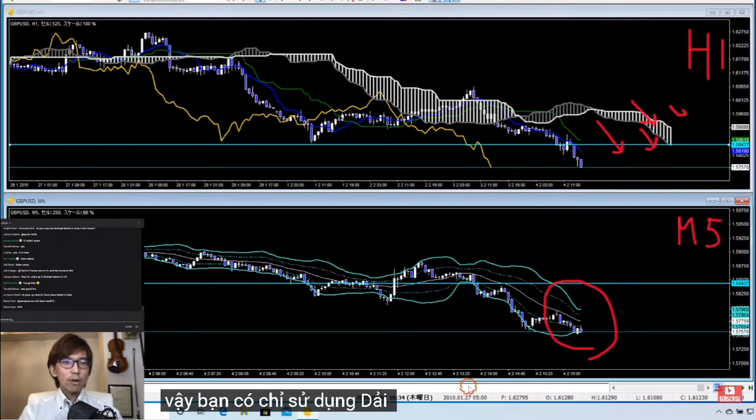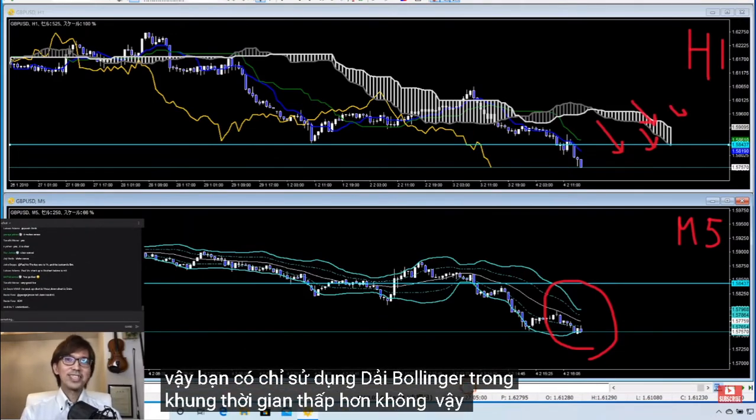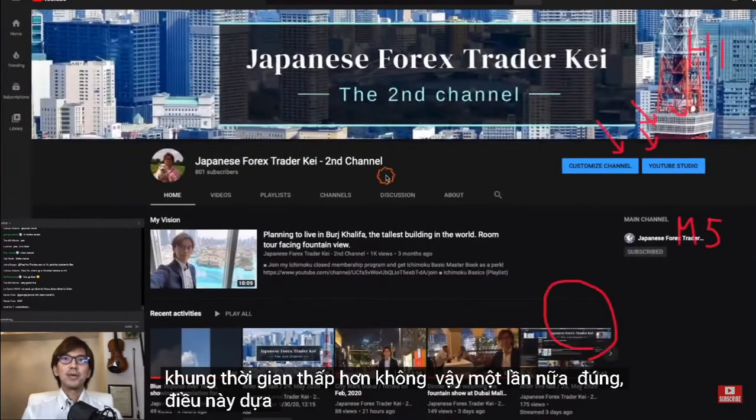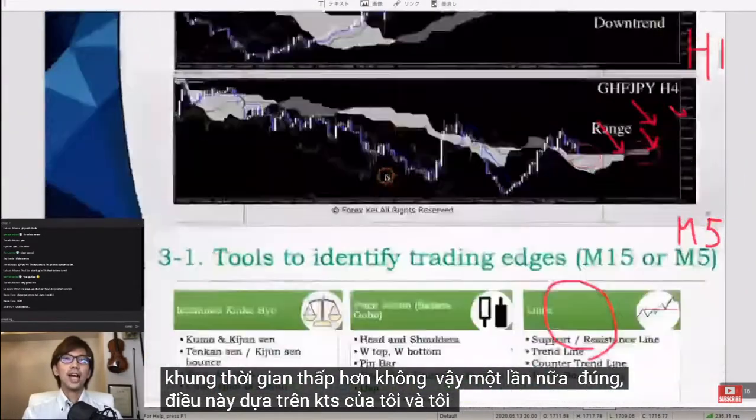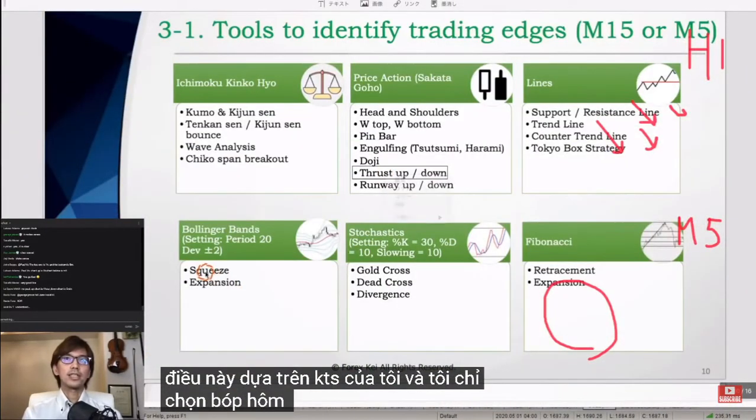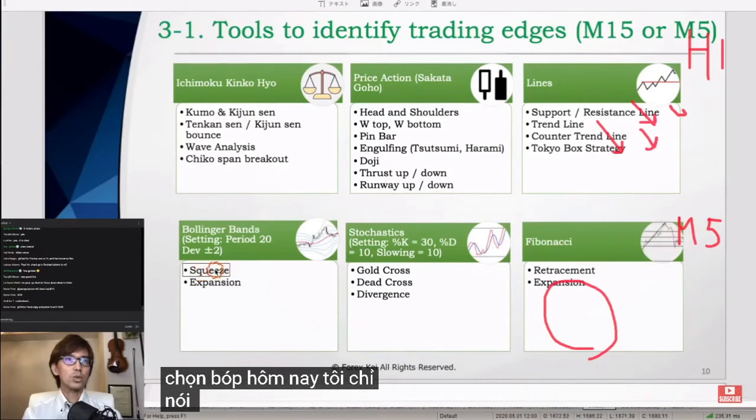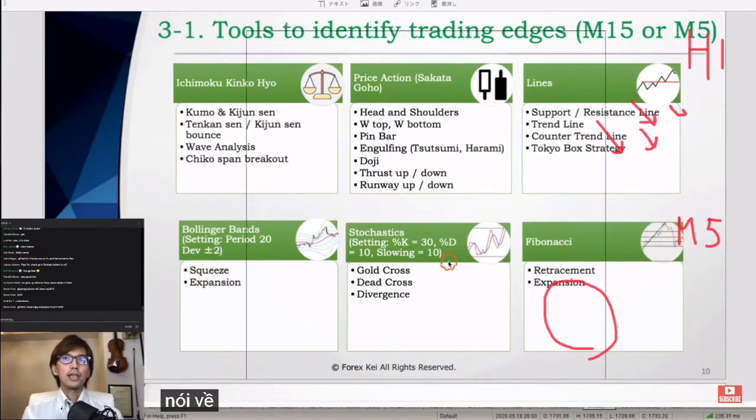So do you use only Bollinger Bands in lower time frames? No, no. So again, this is based on my KTS, and I am only picking up the squeeze today. I am only talking about squeeze, but I combine all these strategies when it comes to taking trades in the real market.